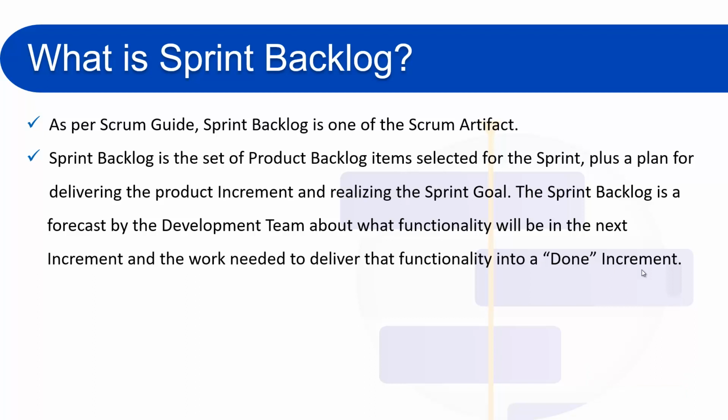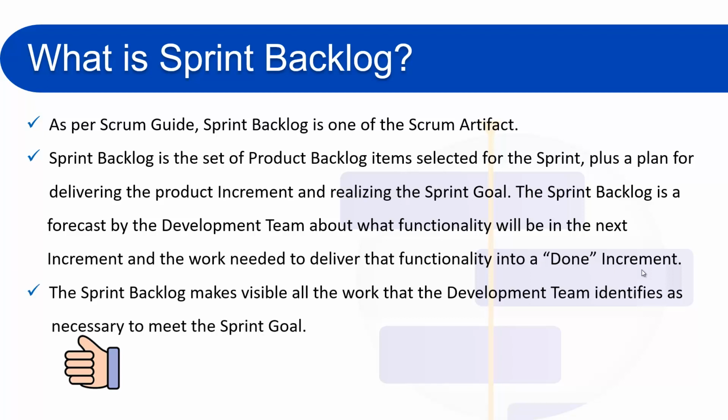The sprint backlog is a forecast by the development team about what functionality will be in the next increment and the work needed to deliver that functionality into a done increment. So this is the definition of the sprint backlog as per the Scrum guide. The sprint backlog makes visible all the work that the development team identifies as necessary to meet the sprint goal.